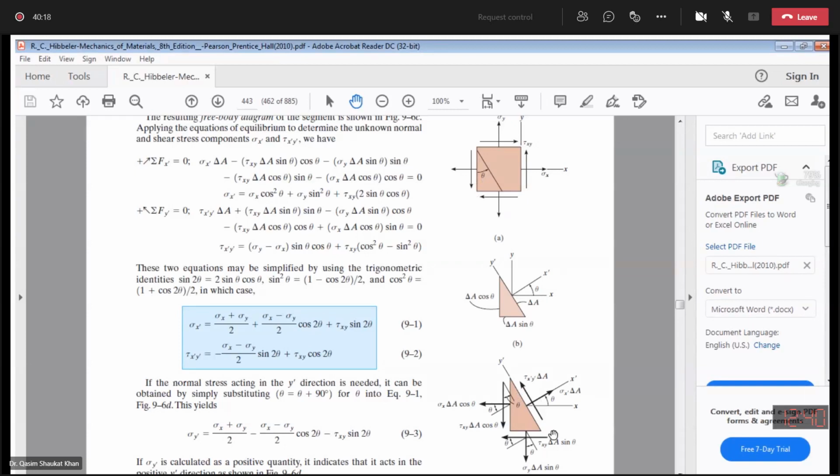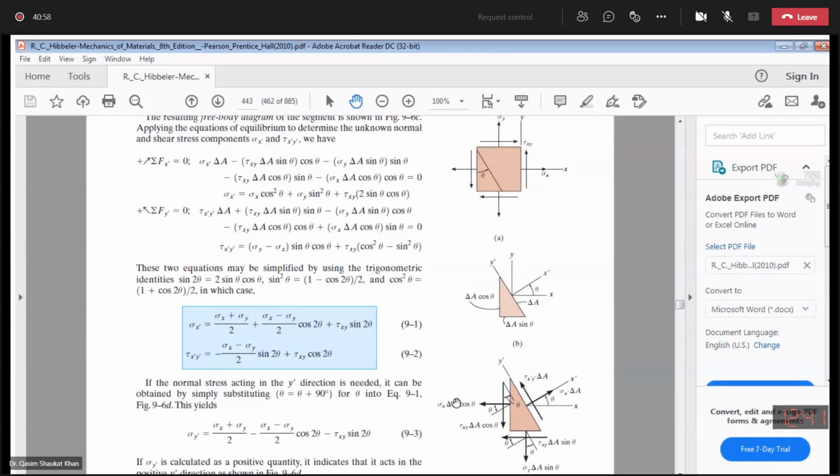So this force is sigma x delta A cos theta. We have multiplied the stress sigma x with the area, delta A cos theta, to get the normal force. Then we have tau xy, which we have multiplied with delta A cos theta. The area component along this base is delta A cos theta, so that is why you see delta A cos theta multiplied with sigma x and tau xy.